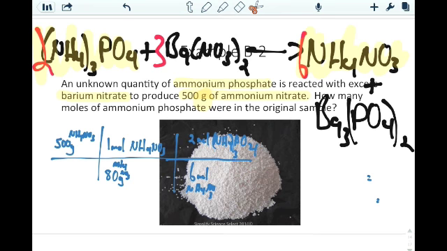That 2 goes on the top, and we just multiply it out, which is 500 times our 2, all divided by 80 times 6, which should give us right around 2.08, and that would be moles of our ammonium phosphate.